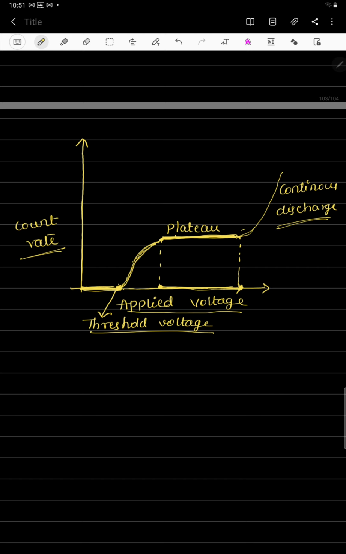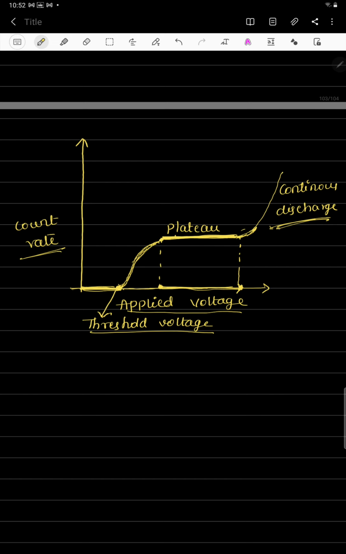Even though no ionizing particle is entering the cylinder, continuous discharge takes place because of the high voltage applied, but we don't want that, because we want the counts only because of the ionizing particle. So this continuous discharge region is not applicable for the GM counter.